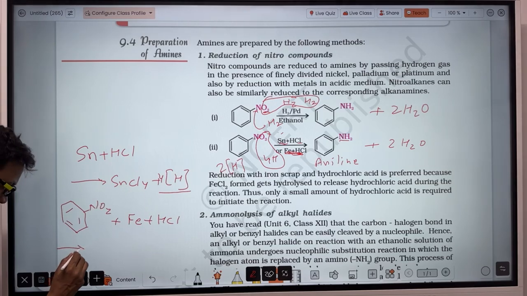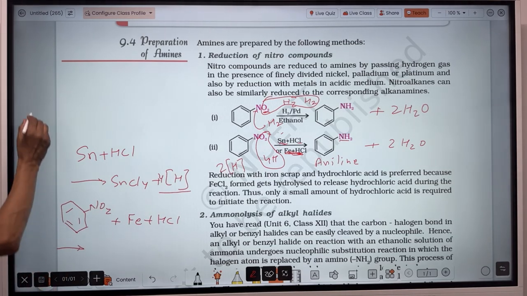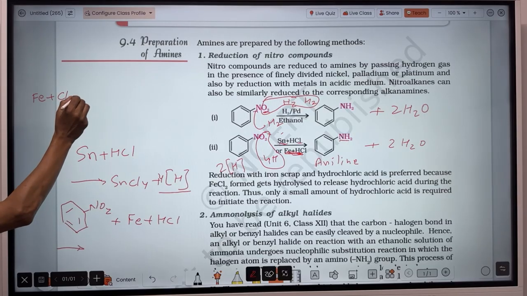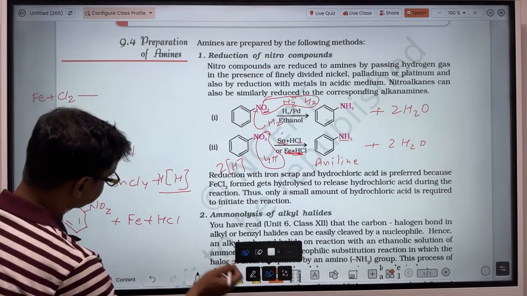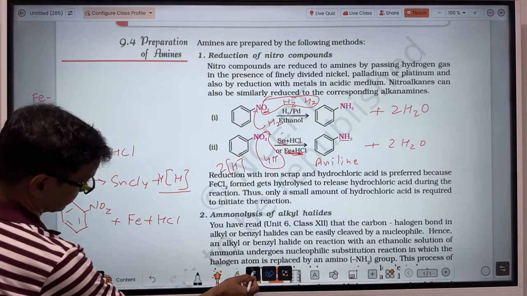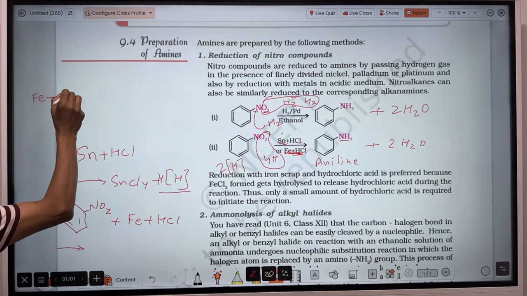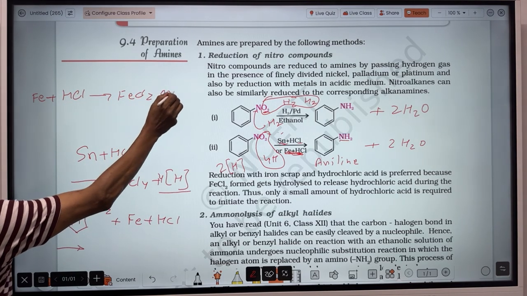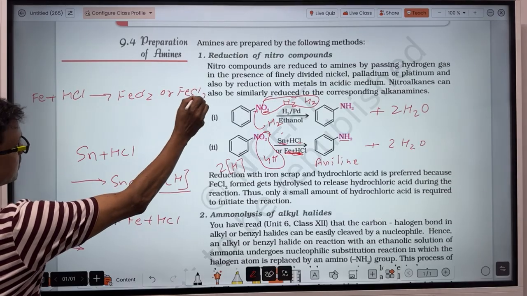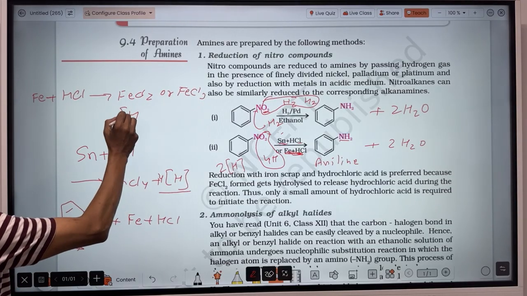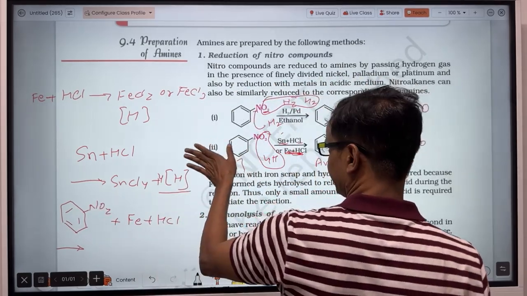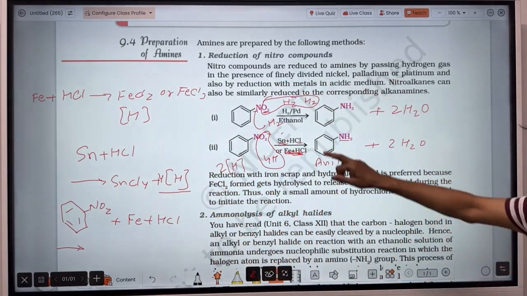Iron reacts with HCl and there will be formation of FeCl2 or FeCl3, and as a result nascent hydrogen will be provided. So actually there are two reactions, two methods of preparation.